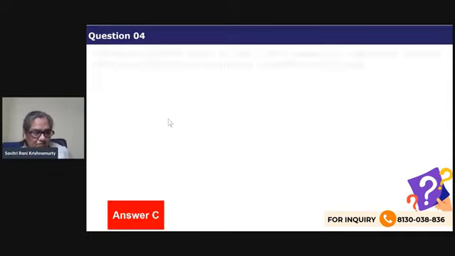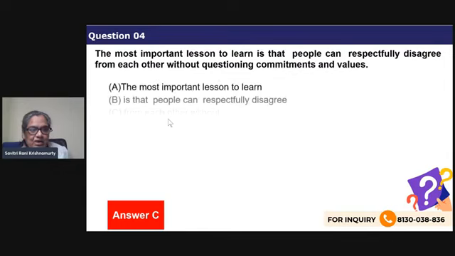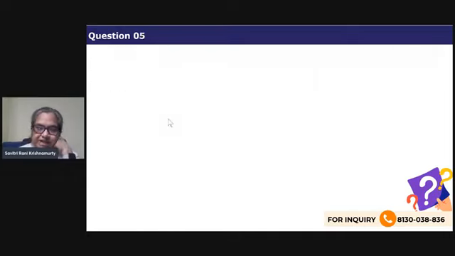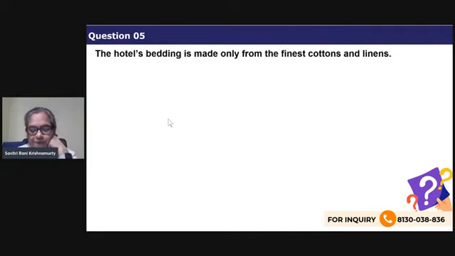The answer obviously is not disagree from each other, but disagree with each other without questioning commitments and values. Excellent. Okay, let's look at the other one. Agree and disagree are different in certain ways. Agree has a lot of prepositions it can take depending on the context.